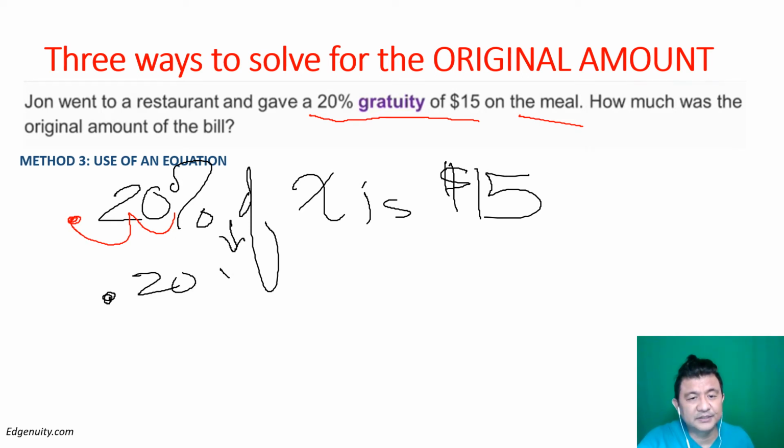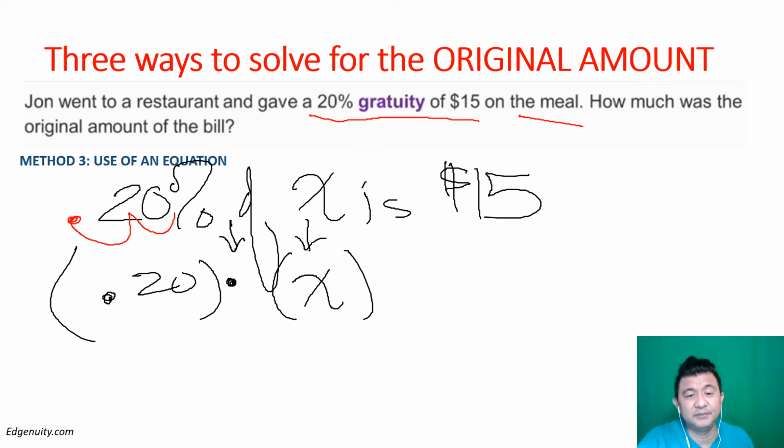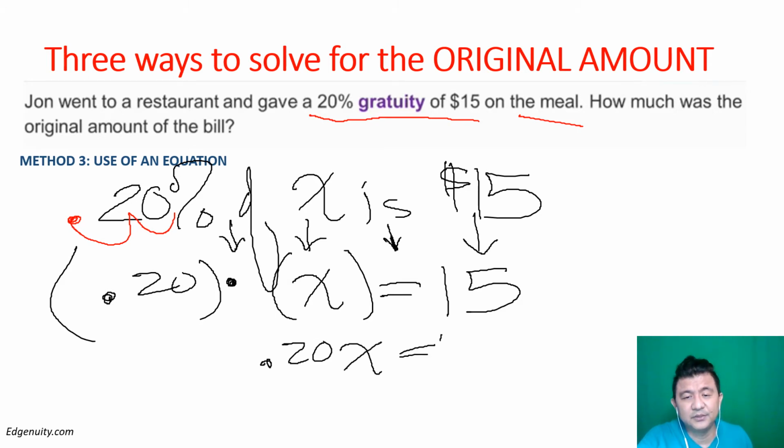Of means times. Instead of times, I'll just write the symbol of a dot, meaning I need to multiply, right? The x is still missing. That's the total amount, the whole thing that is missing. Is means equal, and 15 is still 15. We know the part. So put it together: 0.20x is equal to 15.